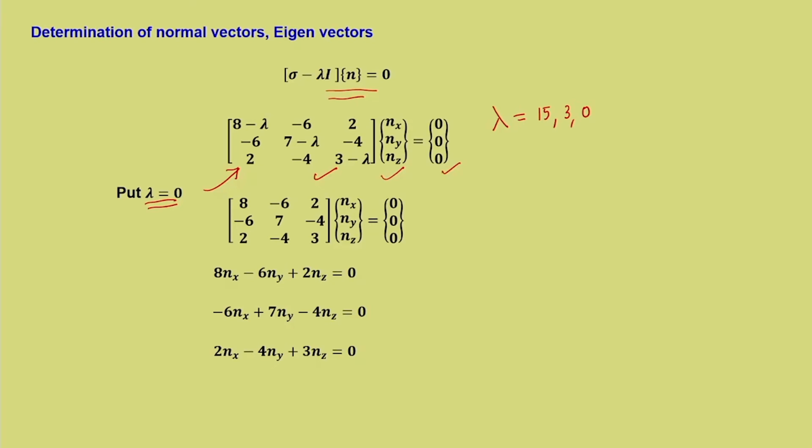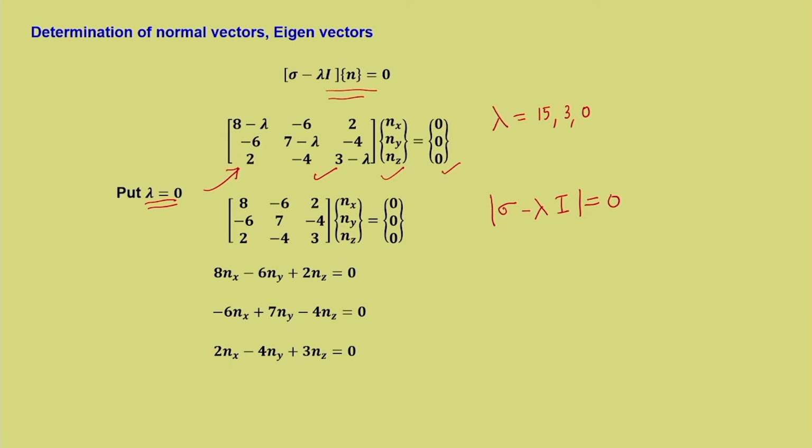Now, we already know that the determinant of sigma minus lambda I is equal to 0. This means that the rows or the columns are not independent.